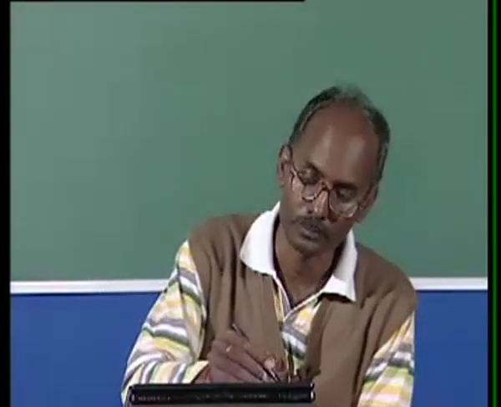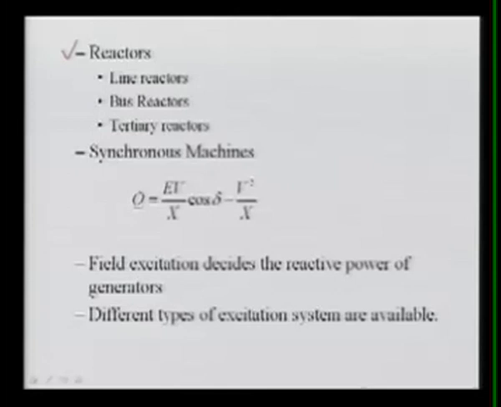Another is your reactors. As I said, these reactors are normally connected at the bus. Here this is your transmission line, and the reactor, here a simple reactor, looks just like a transformer if you see.